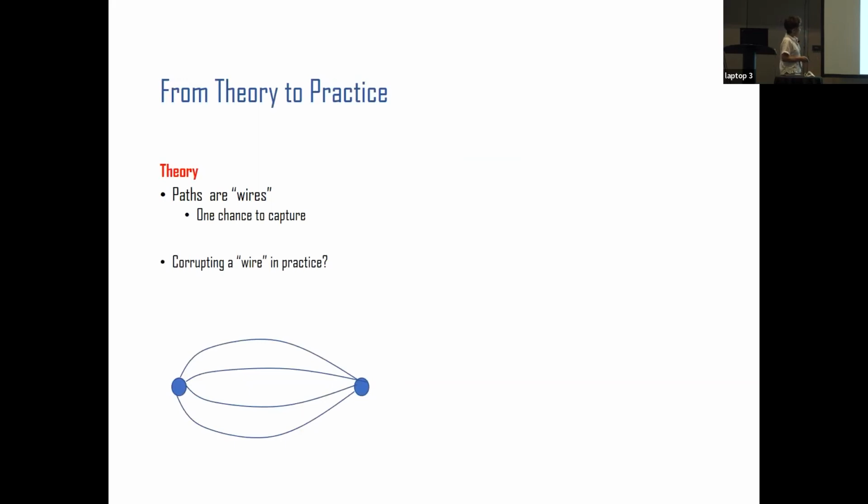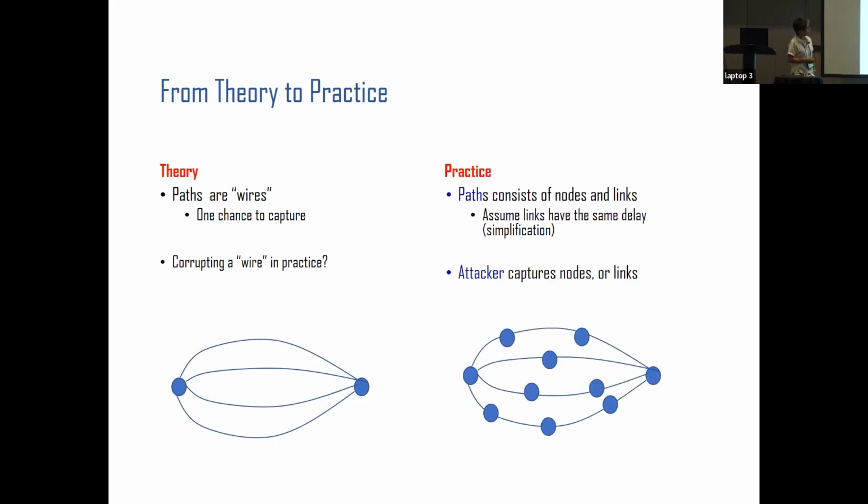So this is the theory. The model looks like this: between Alice and Bob there are just these wires, and then the adversary corrupts one of these wires. But in real life, when we talked to our networking colleagues, they asked, okay, how should we implement a wire? How do we interpret a wire? A wire in real life is a set of nodes connected by links.